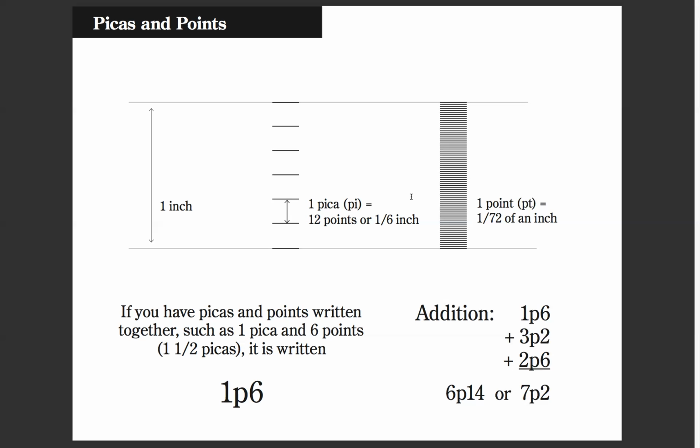So it'd be 6p14. Or since it's base 12, you could divide 14 by 12, which gives you 1 remainder of 2, right? Does that kind of vaguely sound familiar? And then you would add the 1 to the pica side and the 2 remaining to the point side, like that. Make sense? Okay.